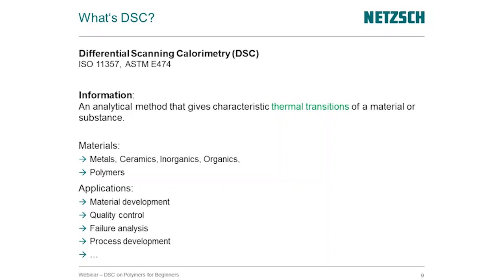So basically, we're going to look at how the material behaves on heating and cooling. Materials where this could be useful include, for example, metals, ceramics, inorganics, and organic materials, but also, and probably most predominantly, polymers. Areas of application in the polymer sector could be things like material development, quality control, failure analysis, process development, and more.